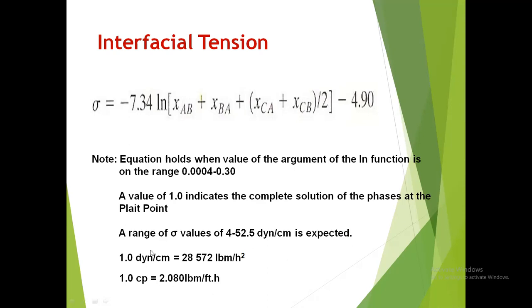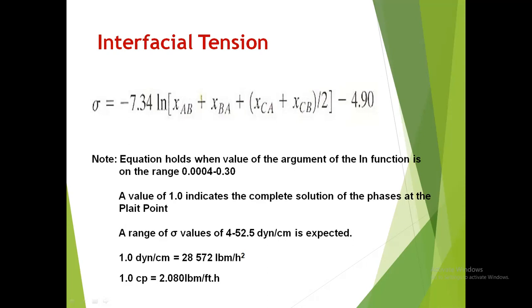A range of values of interfacial tension is 4 to 52.5 dyne per centimeter if you're going to use this empirical equation. This is the expected value. And I have placed here the necessary conversion factors that you will use if you are dealing with problems using English units.